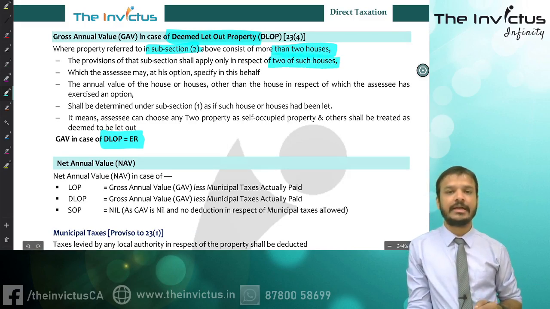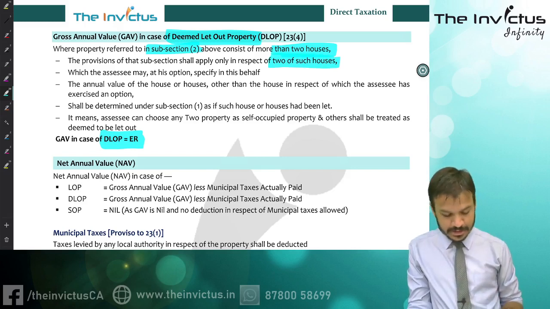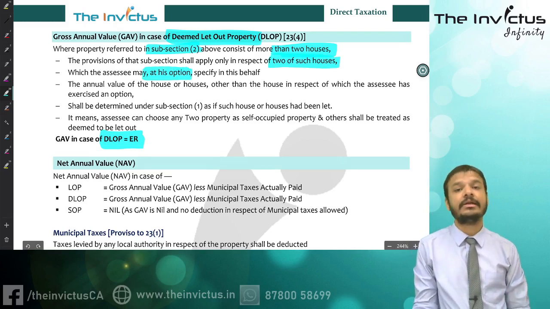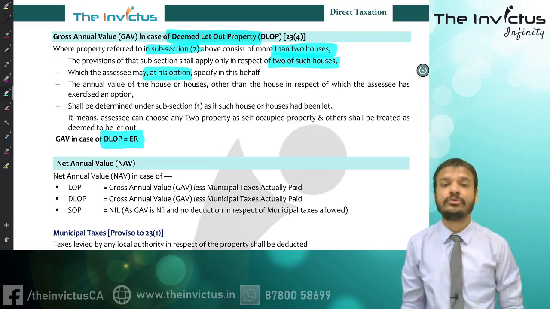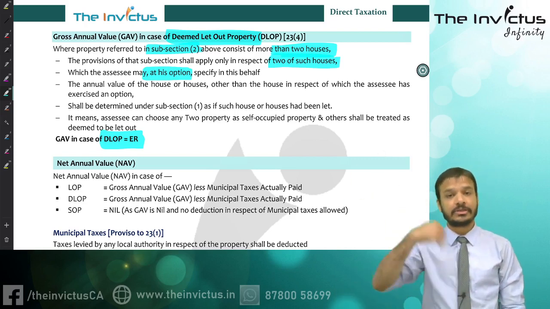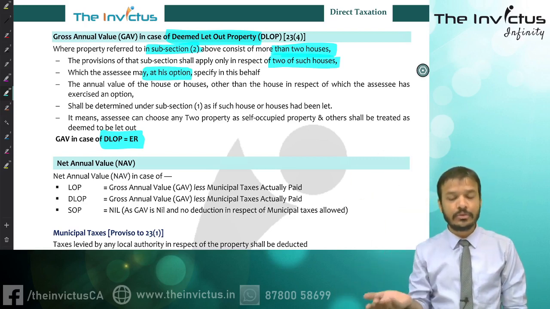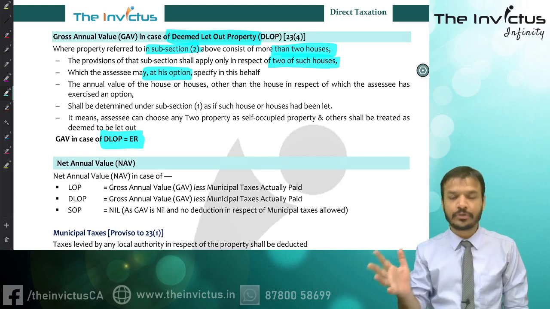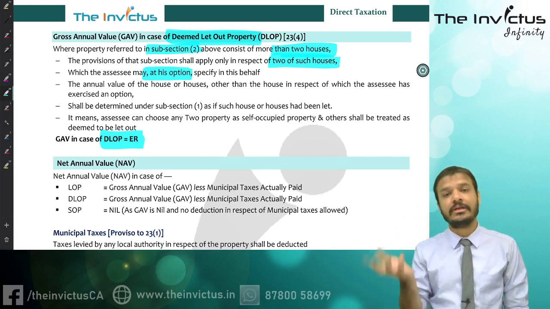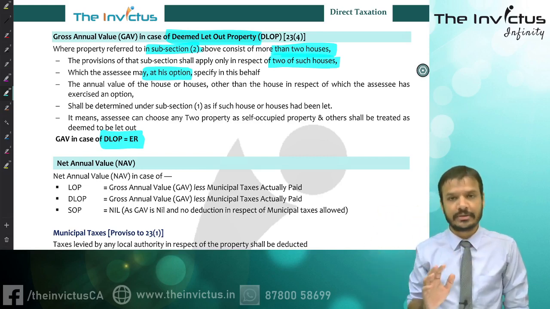It means I can declare a maximum of 2 houses as self-occupied properties, which the assessee may choose at his option. Means it is optional for the assessee to choose which property they should declare as self-occupied, and which property they want to declare as a deemed let out property.